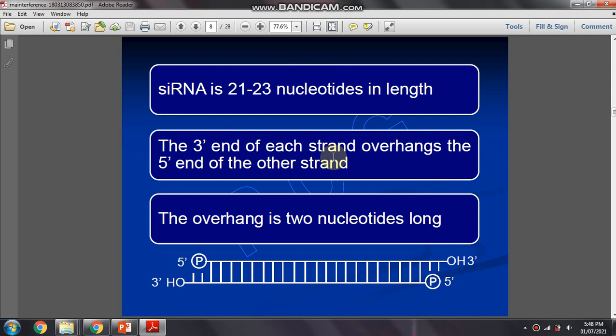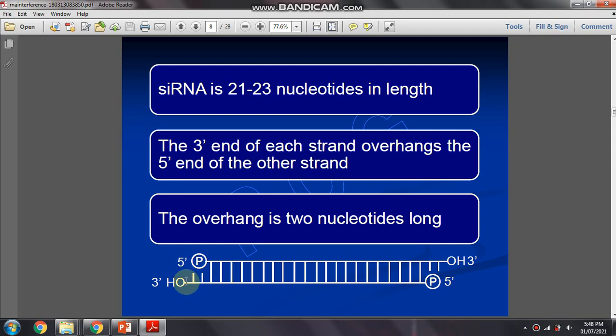siRNA is 21 to 23 nucleotides long. The 3' end of each strand has an overhang, meaning each strand has an overhang of 2 nucleotides.